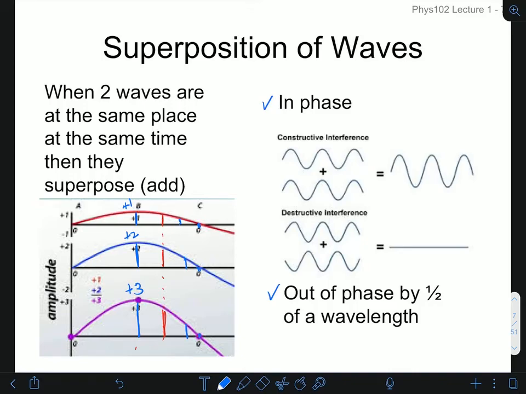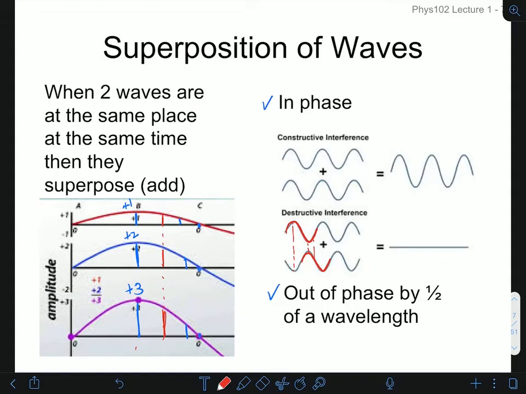If they are, however, out of phase by half a wavelength, so right here, notice that if I were to trace this wave, here's one wavelength, and if I shift over by half a wavelength, I see that wavelength is right there. They have the same wavelength, but they're out of phase by half a wavelength. When I add piece by piece, I have a +1, -1 here, 0, and you can see everything's going to cancel.